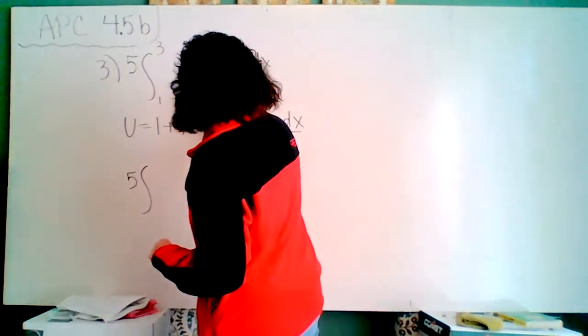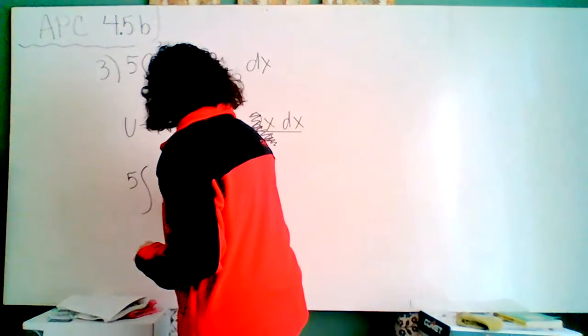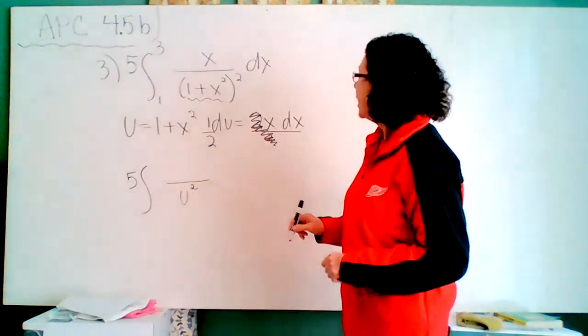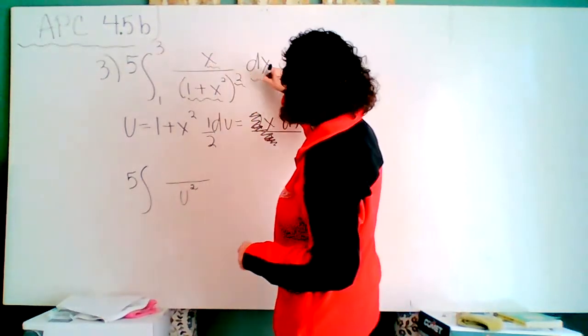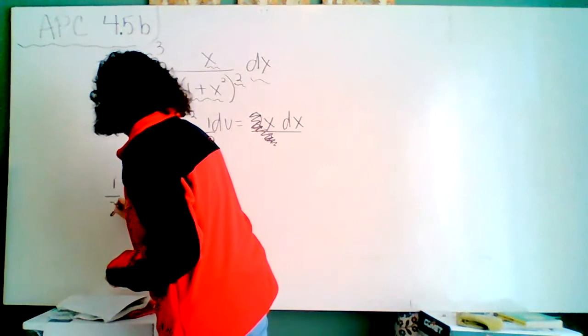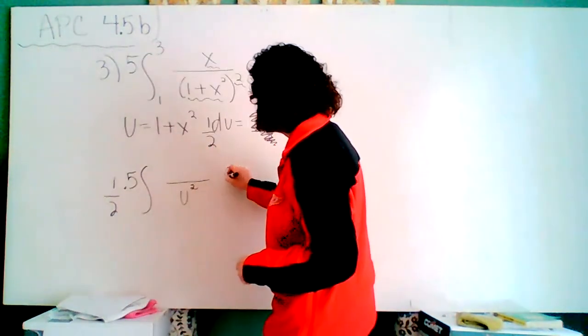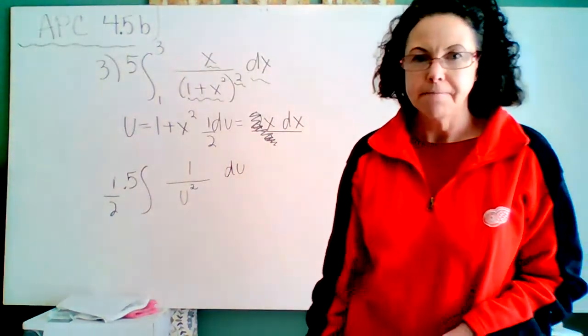So let's take a look. This is u squared in the denominator. And so I took care of this and this. The x dx, I'm going to replace with a 1/2 du. I'm going to put the 1/2 on the outside and the du where it belongs and a 1 in the numerator.